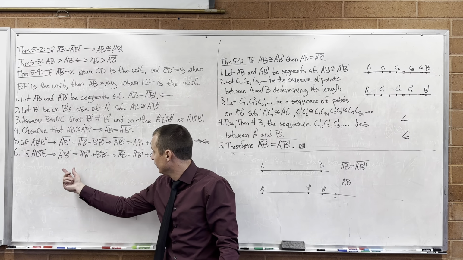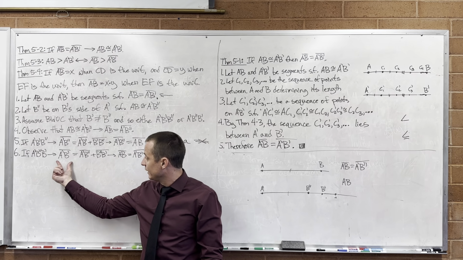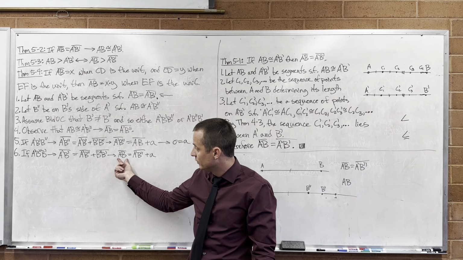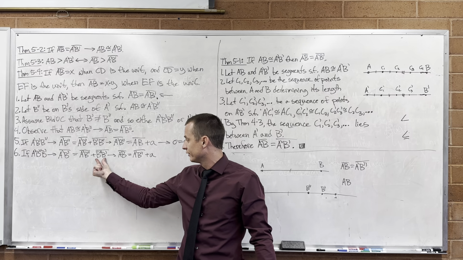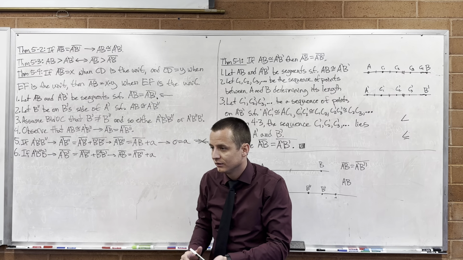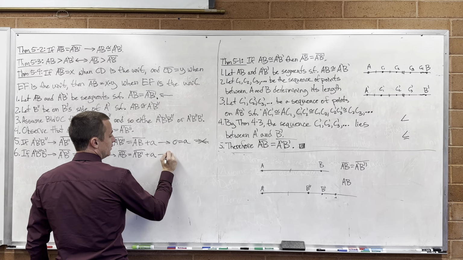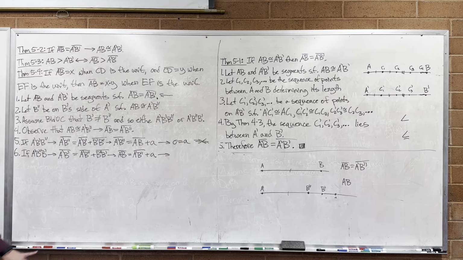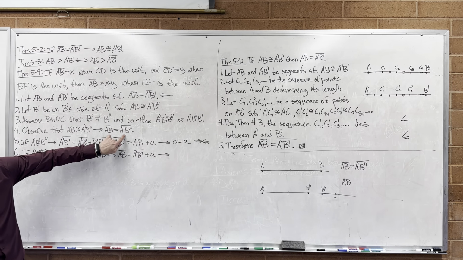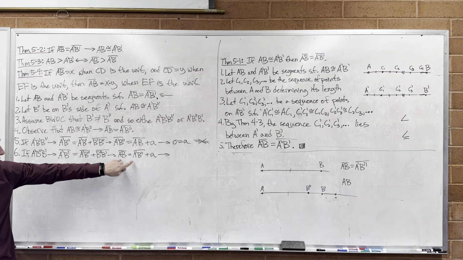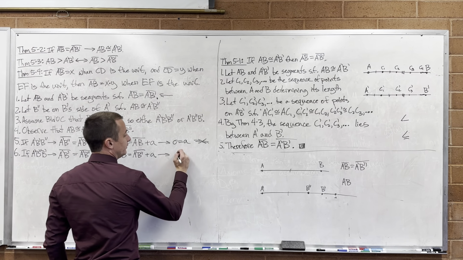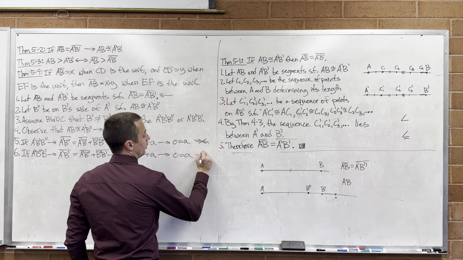So I replaced the length of A prime B prime with the length of AB. That's all I did going from here to here, and just calling this some positive number A. I don't know what it is. Again, since the length of AB and the length of A prime B double prime are the same, subtract from both sides, we get 0 is equal to A. Contradiction.